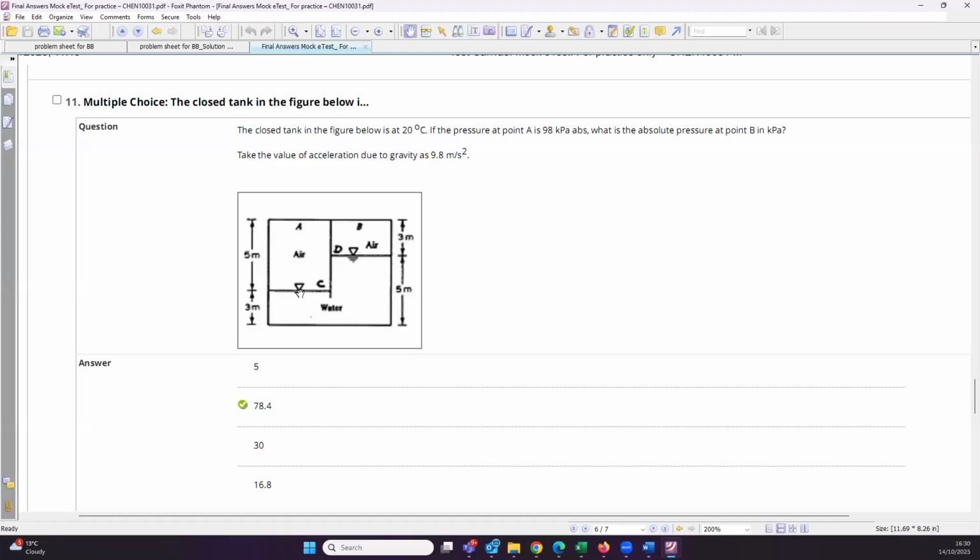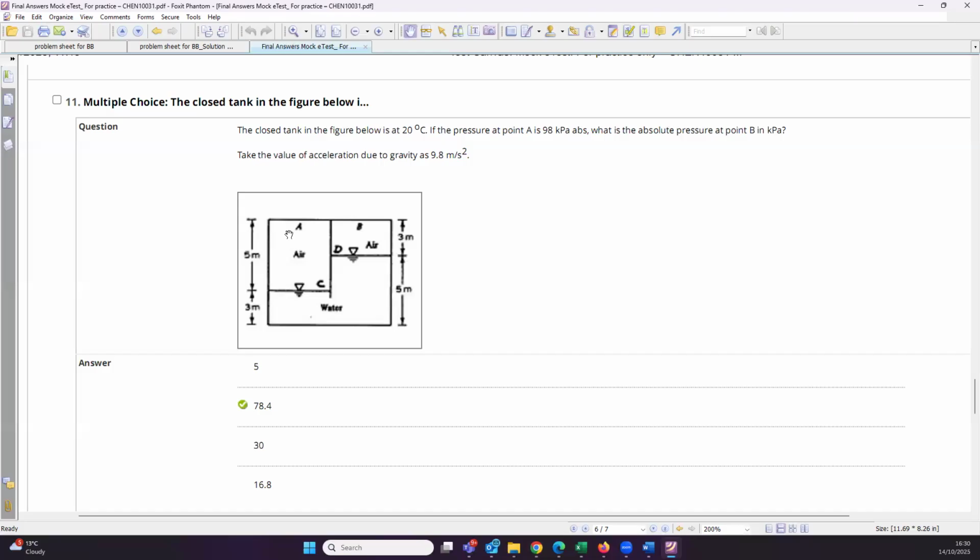The reason is that air exerts pressure differently. Water exerts pressure due to its weight, so it is vertically down, while gas exerts pressure in all directions because of the collisions.